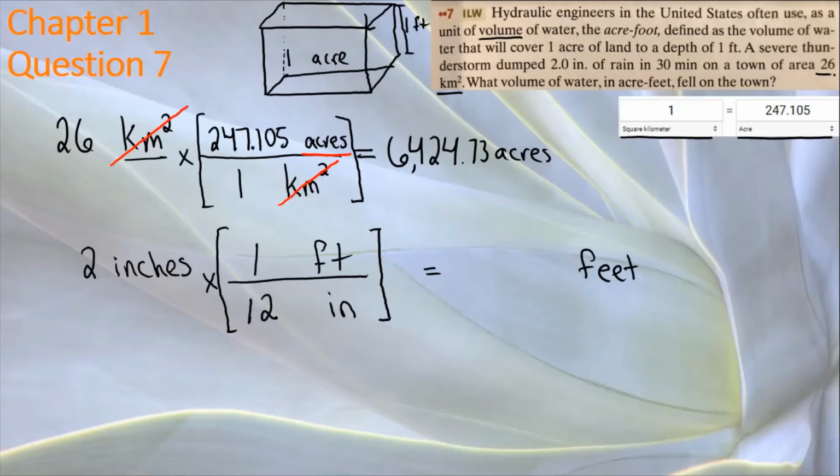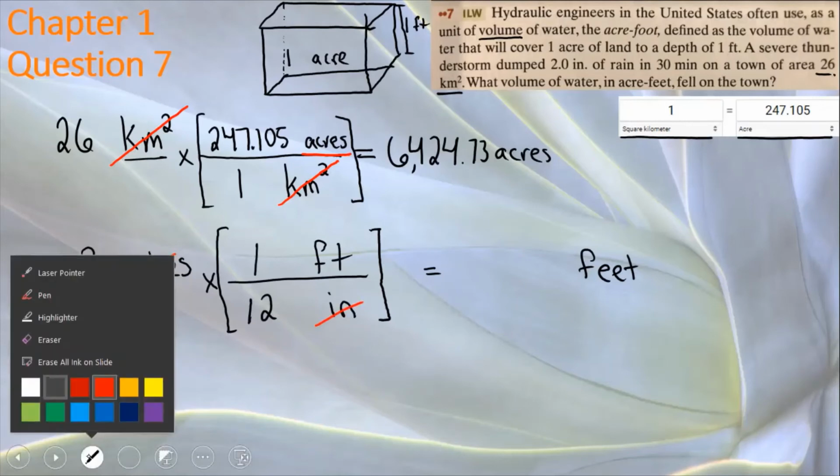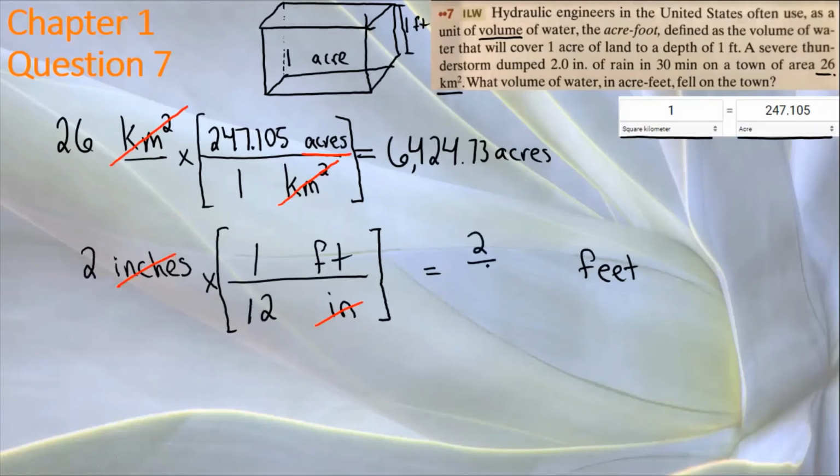If we cancel out our units, the inches cancel out, and we're left with just 2 over 12 feet, or we could say 1/6 of a foot.